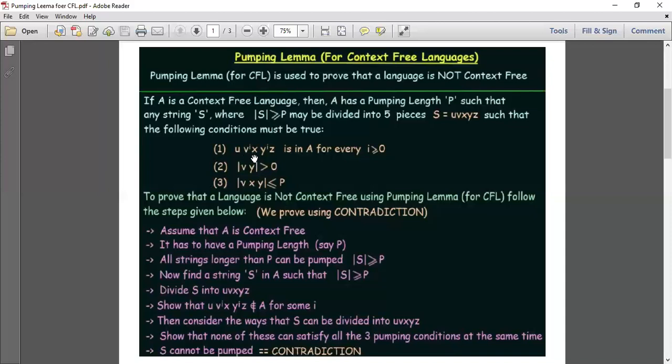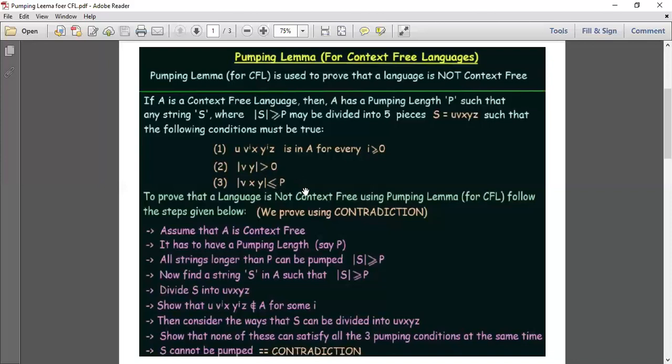The first condition is u v to power i x y to power i z is in A for every i greater than or equal to 0. A means we are talking about the context-free language. The second condition is length of v y is greater than 0, and the third condition is length of v x y is less than or equal to the pumping length.